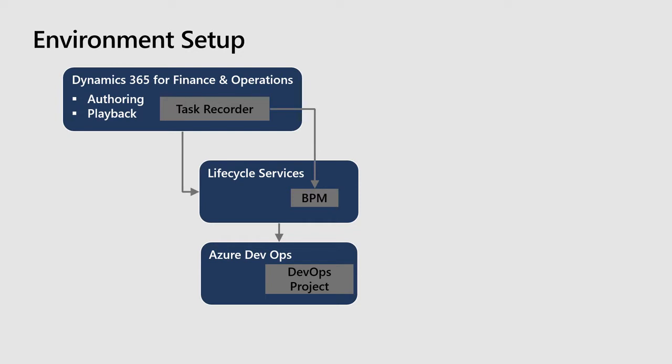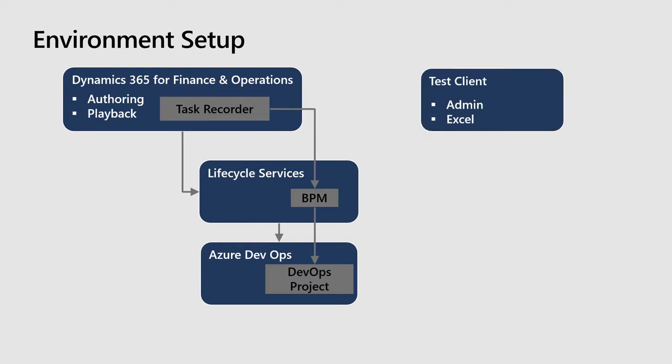The Task Recorder puts the recordings into the BPM, and from there they can go into the Azure DevOps project. Then we'll see the RSAT client and tool pop up here, and the RSAT tool, of course, runs the tests on the Finance and Operations environment over here, and the results are stored and managed in DevOps.